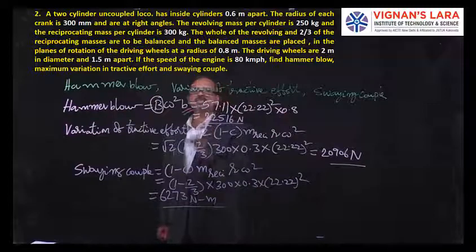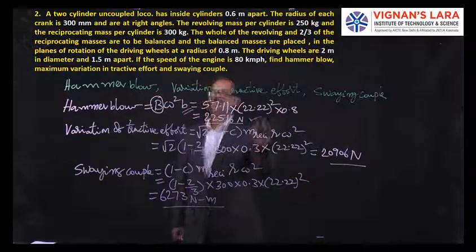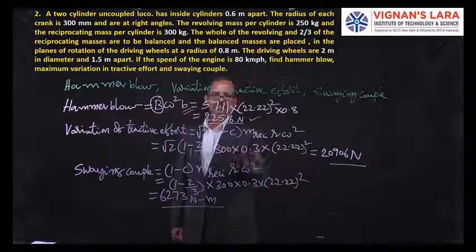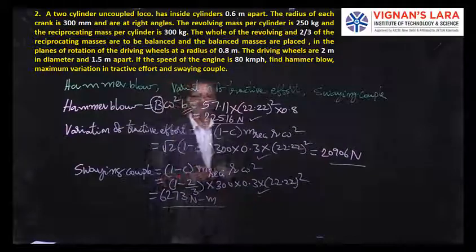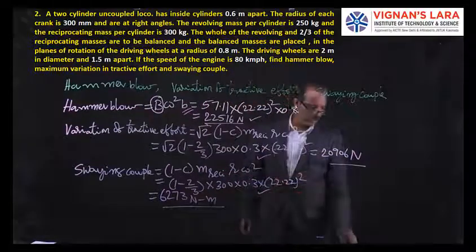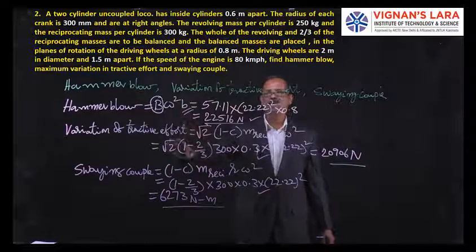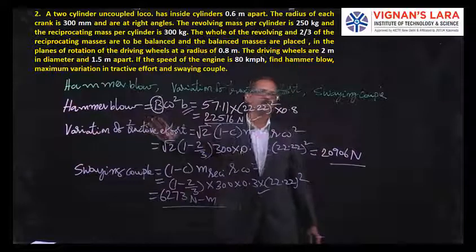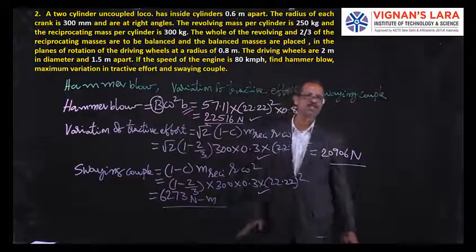The distance at which you place your mass is 0.8. We get hammer blow, and by direct substitution variation of tractive effort and swaying couple are obtained. So your job is first calculating the masses, then with that finding the reciprocating mass requirement, and then substituting in simple equations. Thank you.